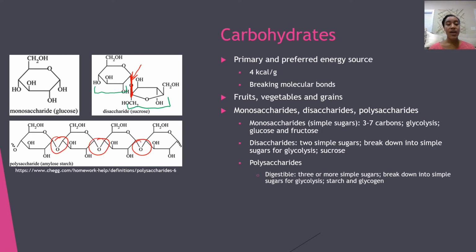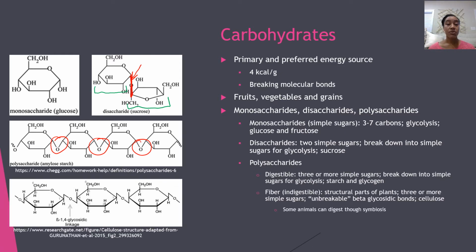To break down these polysaccharides, we first break all of those bonds between the various monosaccharides, and then we take the resulting monosaccharides and put them through glycolysis to get the energy we need. Another example of a digestible polysaccharide is glycogen, which is our more long-term storage of carbohydrates.